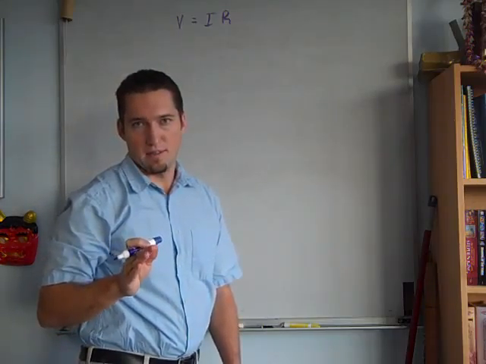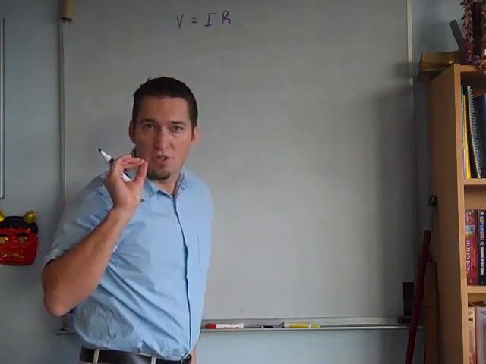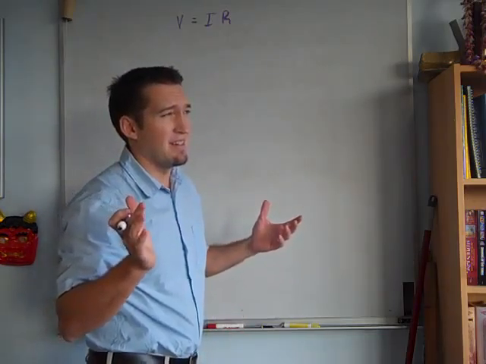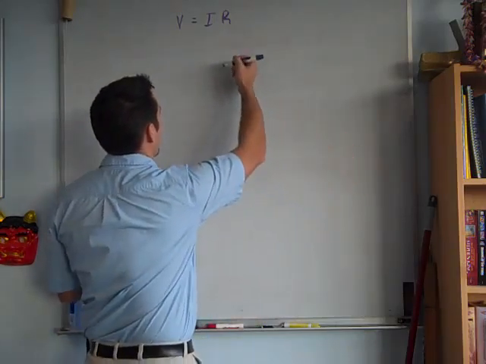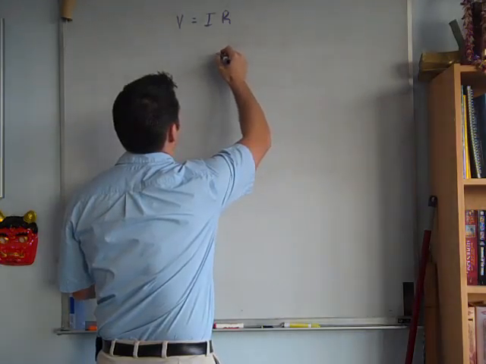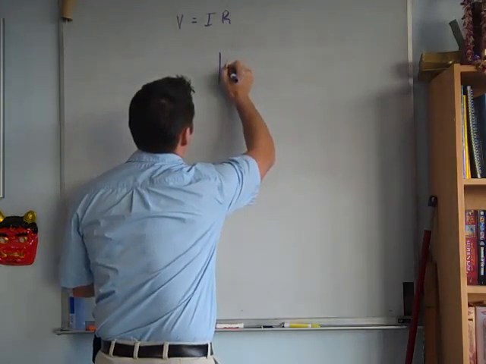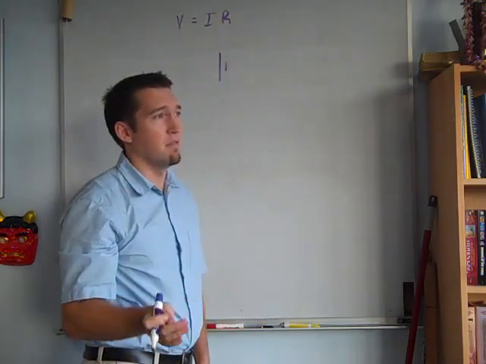That's fascinating. So we're going to start with the V part. In order to understand that, we've got to understand what that term means. It's voltage. Okay, so we're going to start here with a symbol, and that symbol is some kind of voltage source.